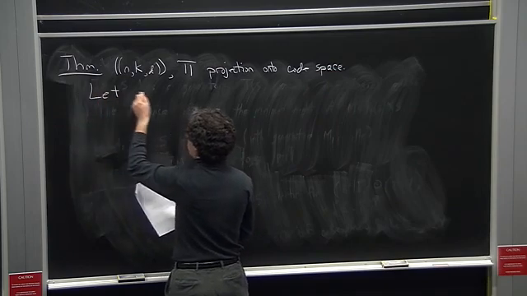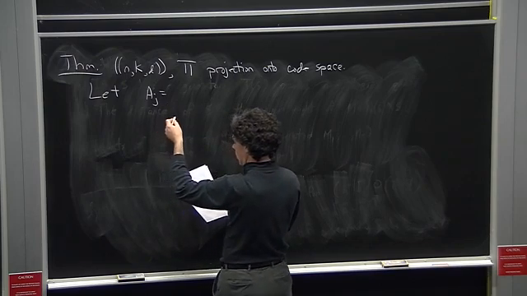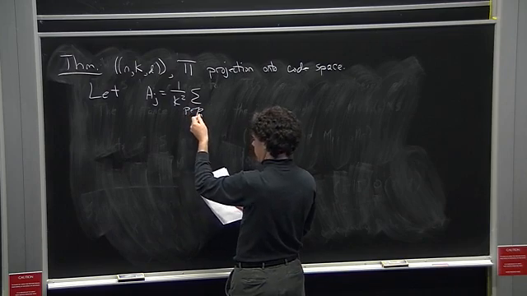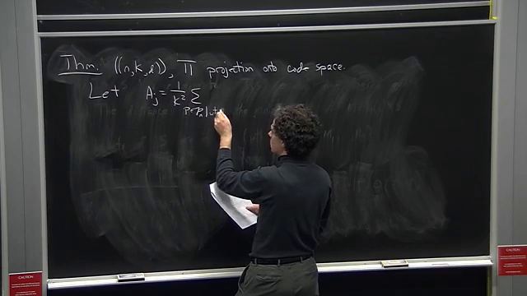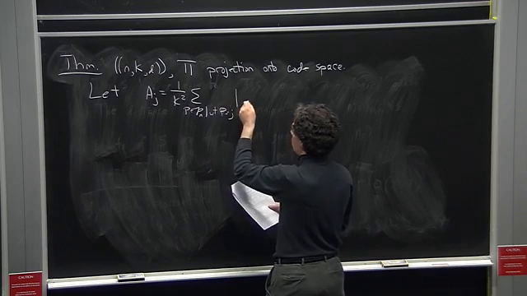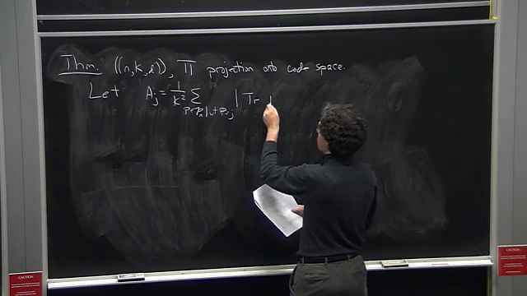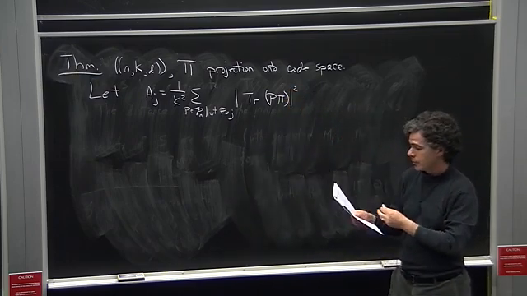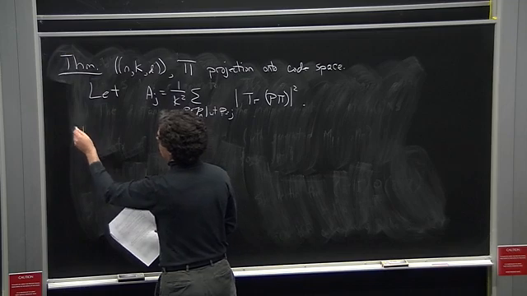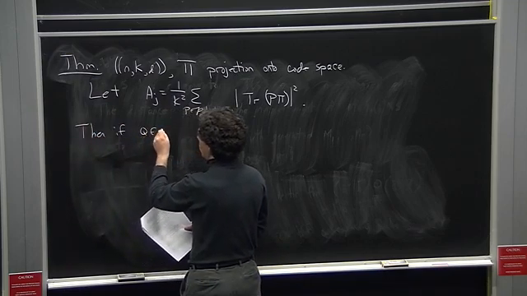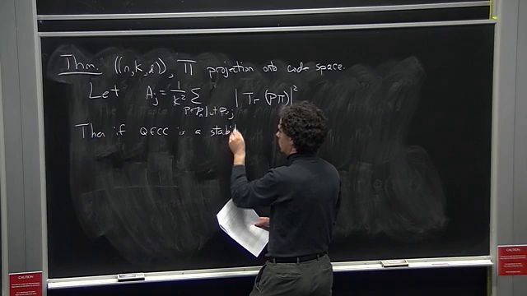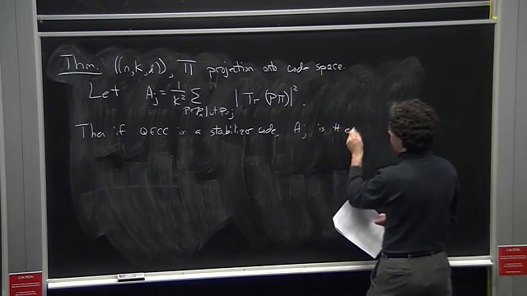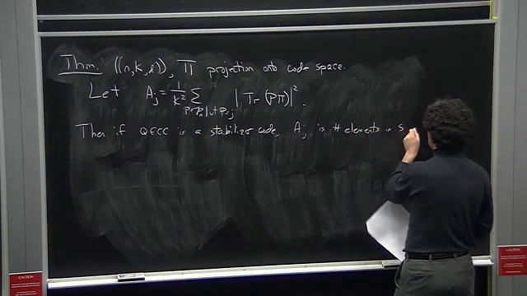We let A_j equal 1 over K squared times the sum over Paulis P of weight j of the absolute value of trace(P Pi), squared. Then if the quantum error correcting code is a stabilizer code, A_j is the number of elements in S of weight j.